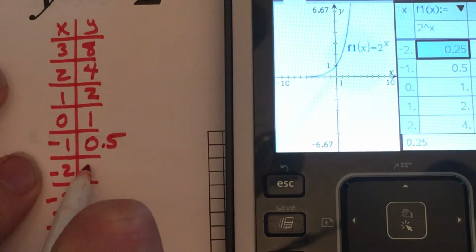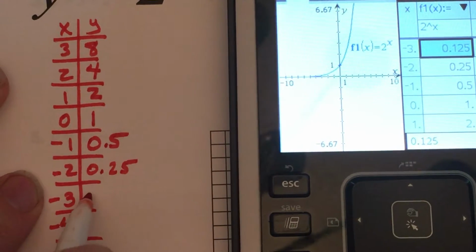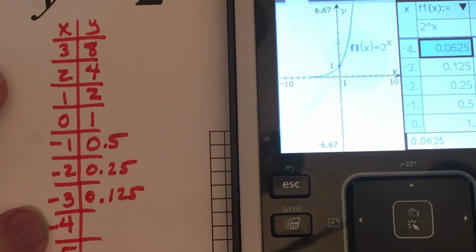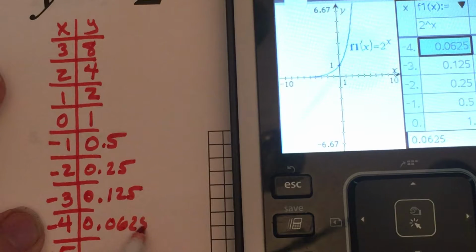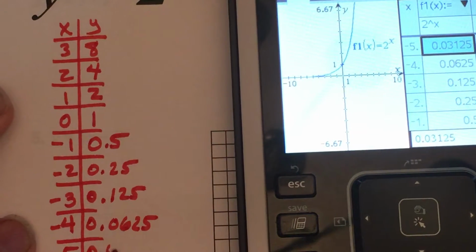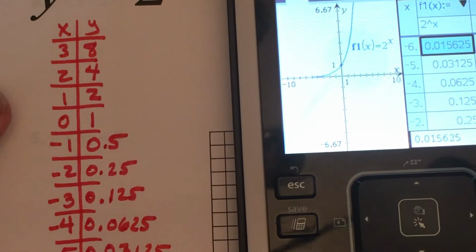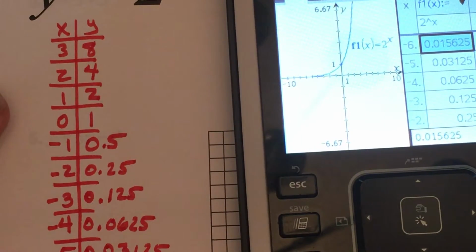So I have 0.5, 0.25, 0.125, 0.0625, 0.03125, 0.015625.